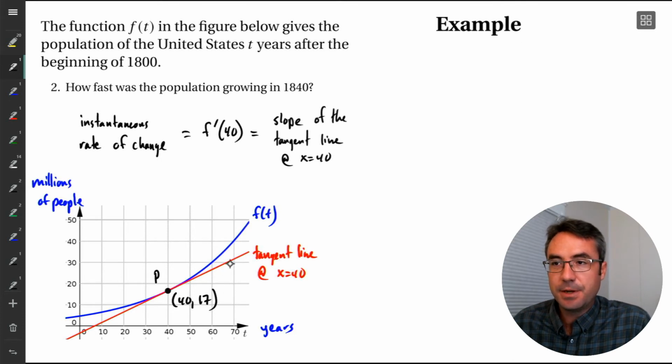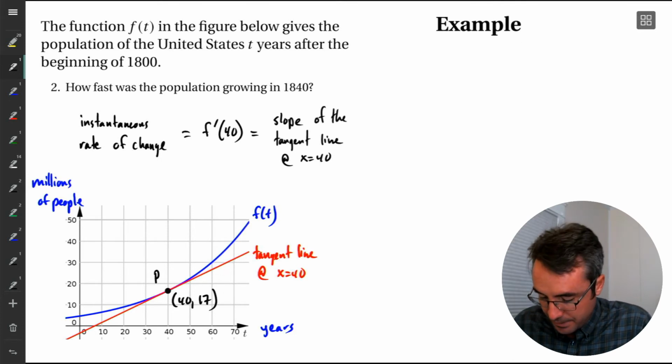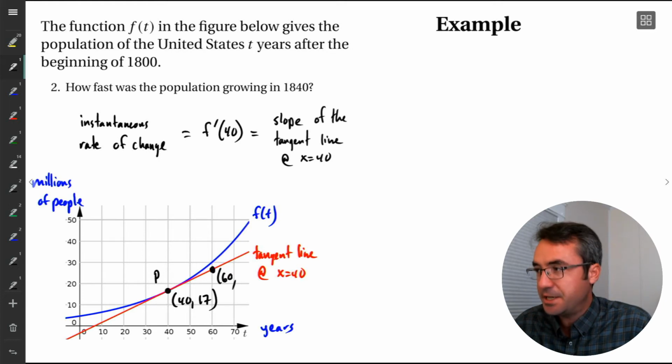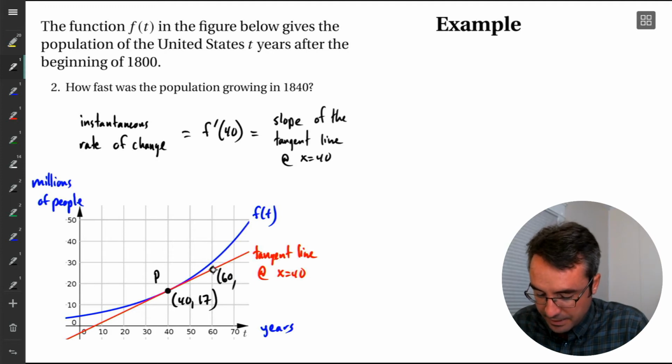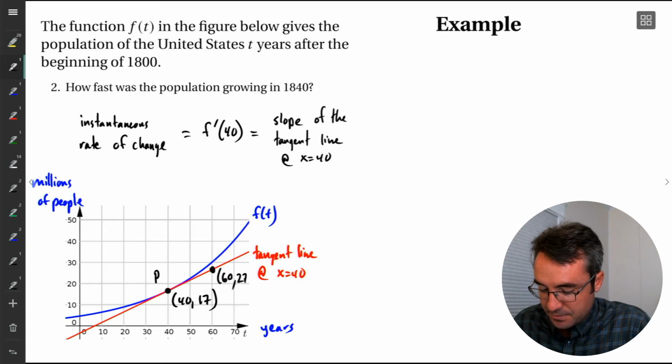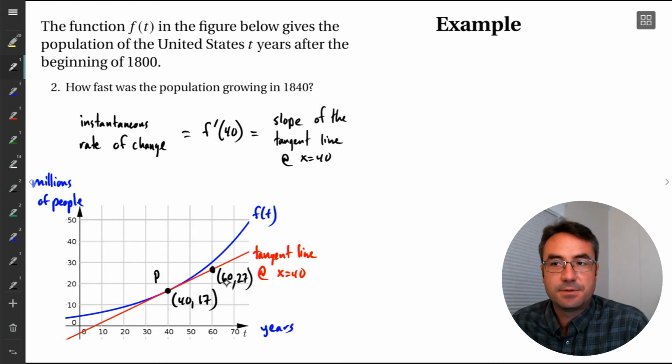So if I were to use one, maybe like this one, it looks to have coordinates 60 comma 27, if we're looking at this. Here's 20, here's 30, looks a little closer to 30, maybe 27. We're just estimating. So use the graph as best as you can.